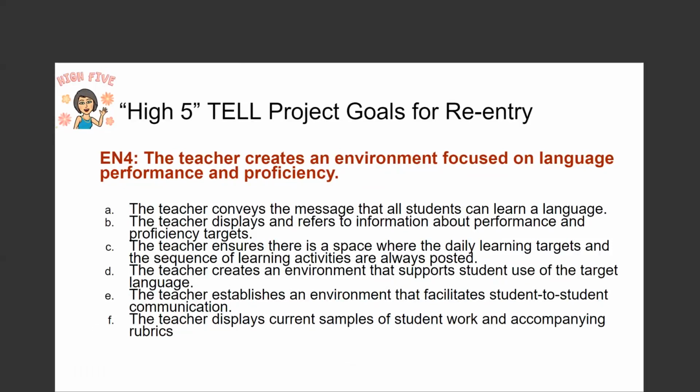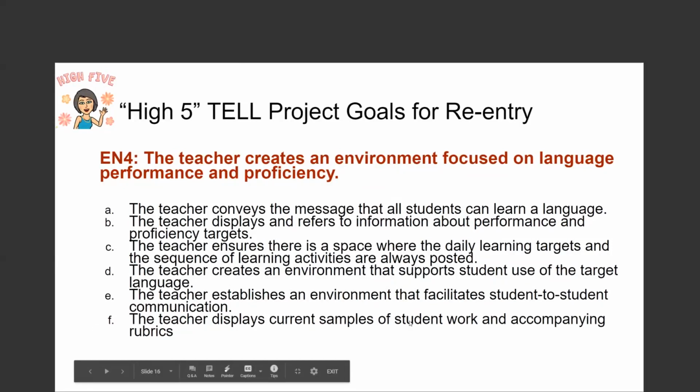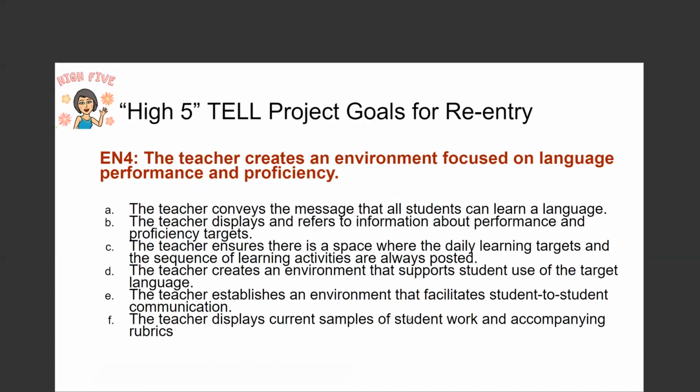And of course, we know that performance is what goes on in the classroom with teacher support and scaffolding and all the help that you provide for students to be able to perform in the language and do what they do in your classrooms. And then proficiency is what they can do on their own in a target language community without the help of that classroom, but that's what we are pushing them towards.